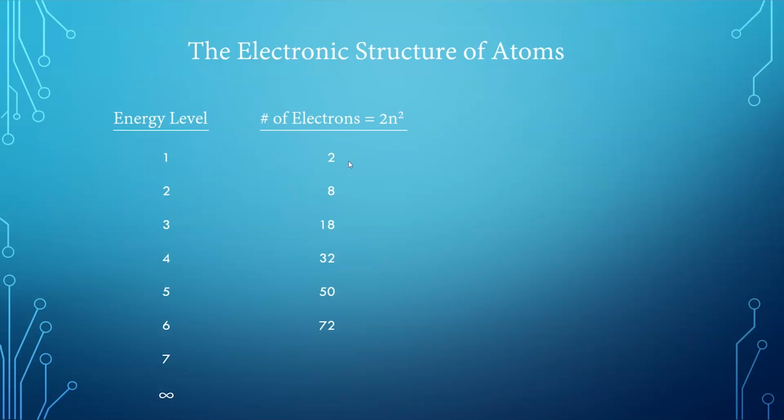So if we went 6, 10, 14, 18, the next jump ought to be 22, and 2 times 6 squared is indeed 72. If we went up by 22 here, we should go up by 26 in the next one, and of course 2 times 7 squared is 98, and of course 2 times infinity squared is infinity.